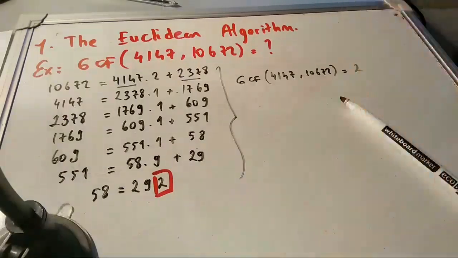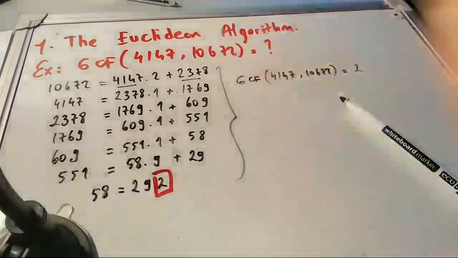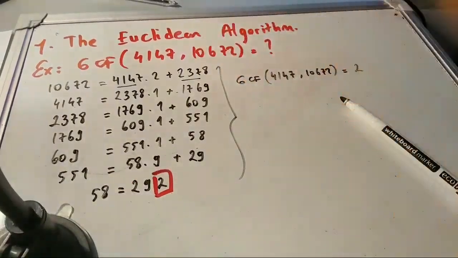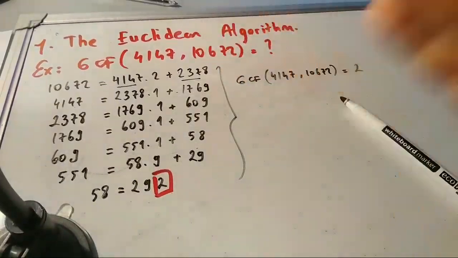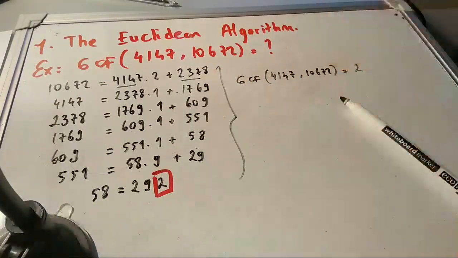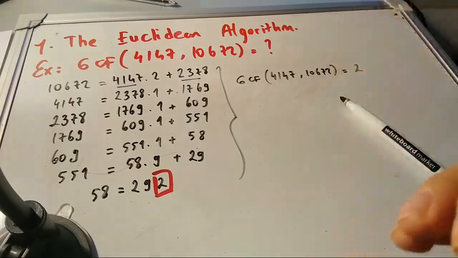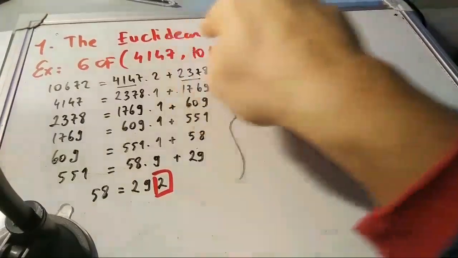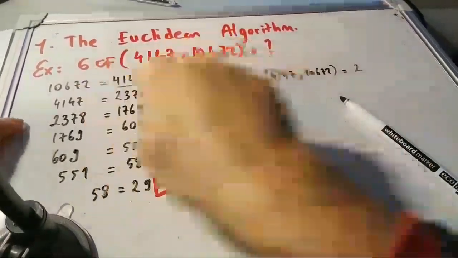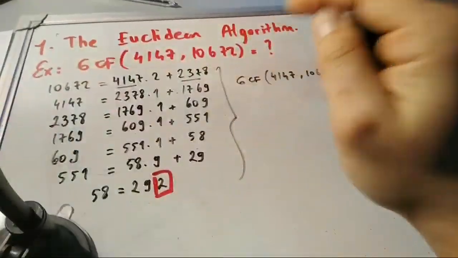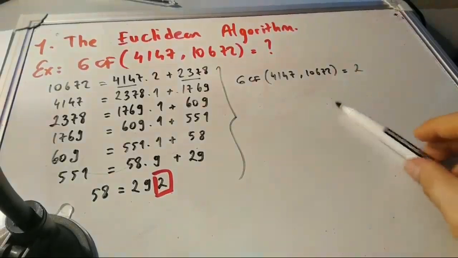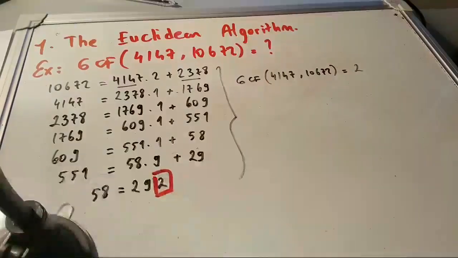But we have two large numbers. For small numbers, it's not difficult to find the greatest common factor. For large numbers, as I told you, we have to use the steps in the Euclidean algorithm to write the greatest common factor of two integers as a linear combination of two integers. Okay, I write it now.